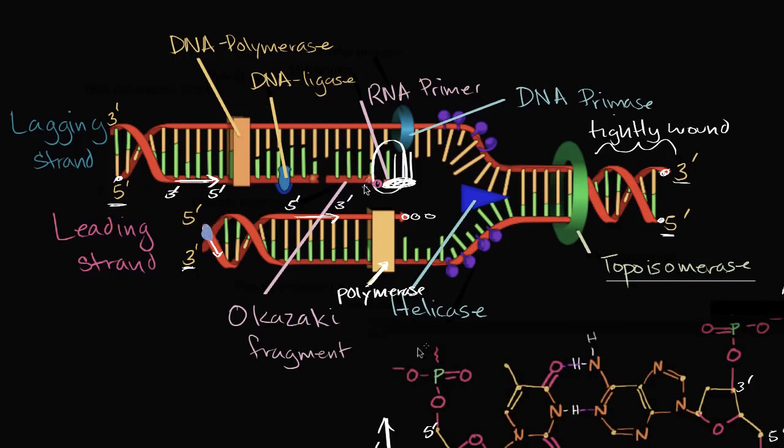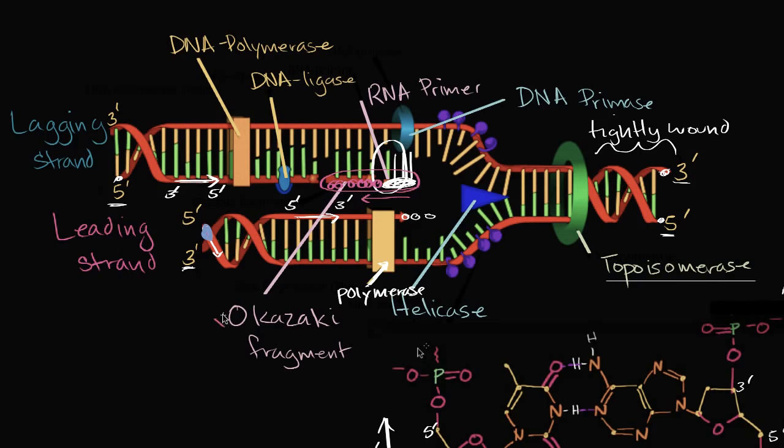So then it can just start adding DNA like that. And so you can imagine this process: you add the primase, put some primer here, and then you start building from the 5' to the 3' direction. You start building just like that, and then you skip a little bit, and then that happens again. So you end up with all these fragments of DNA, and those fragments are called Okazaki fragments.